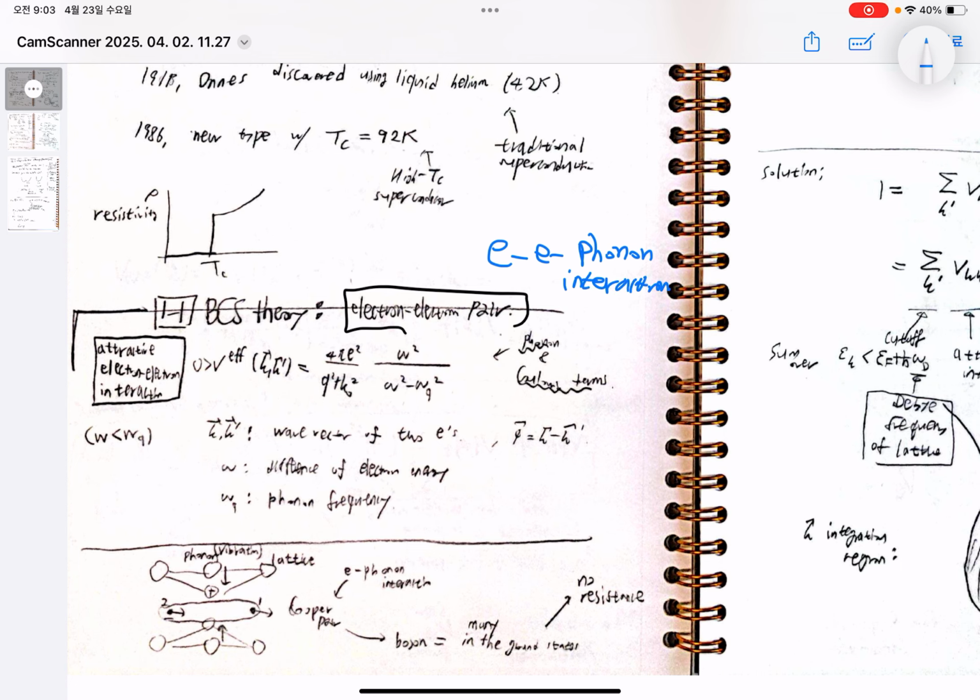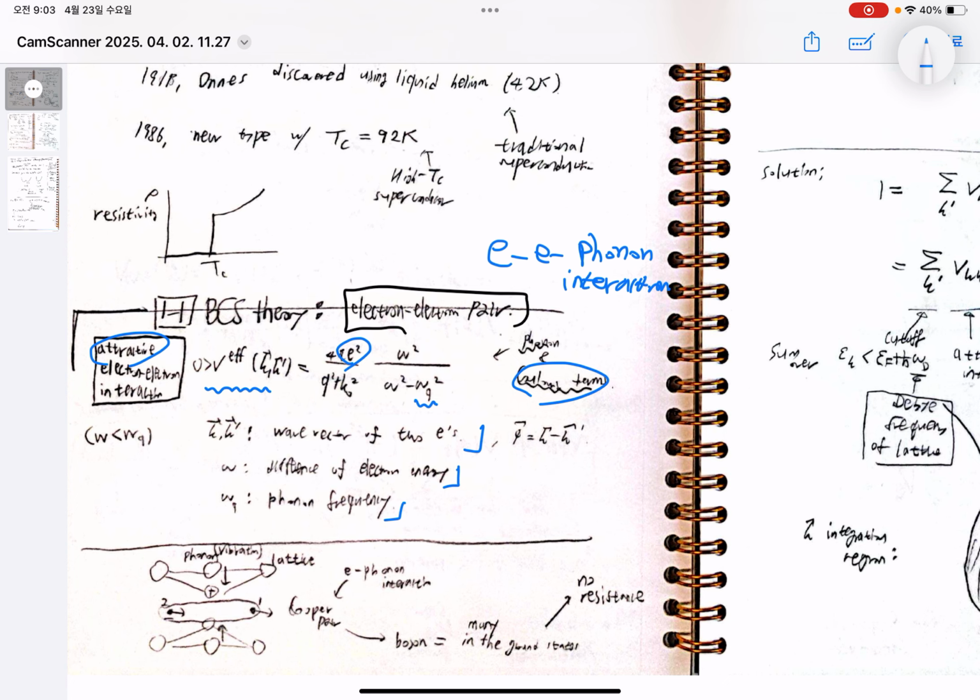By the Coulomb term, originally the electrons have repulsive forces, but with the phonon interactions, they have attractive forces. The interaction term is given by the following potential from the Coulomb constant, and the other terms are given by the wave vectors of the electron, the electron's energy, and the phonon frequency.